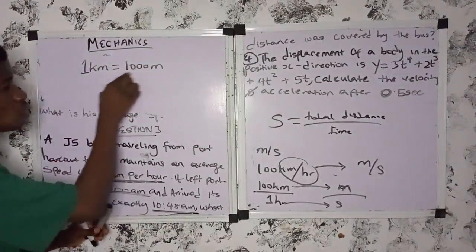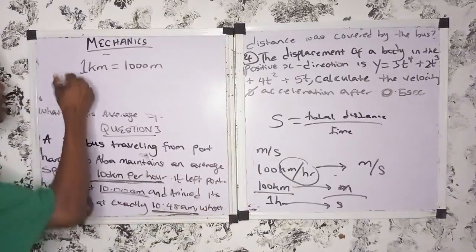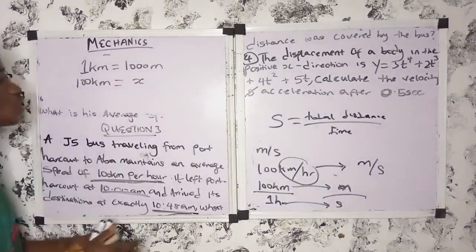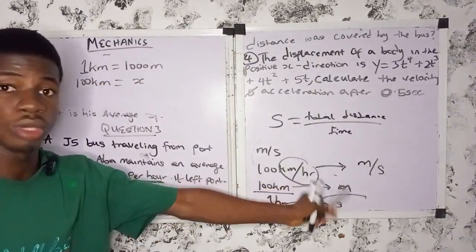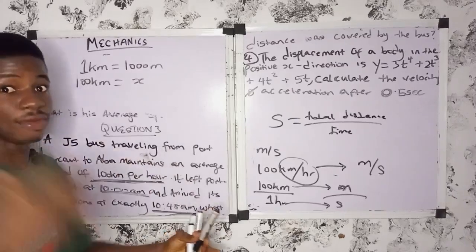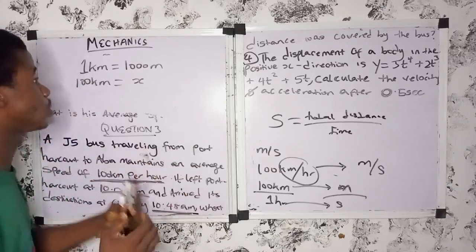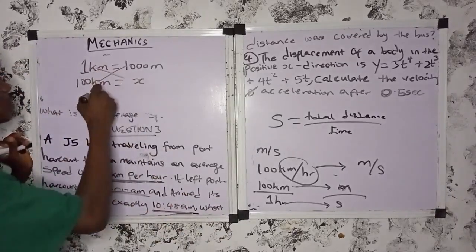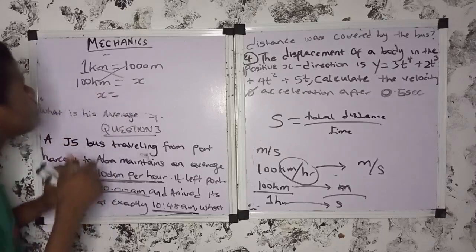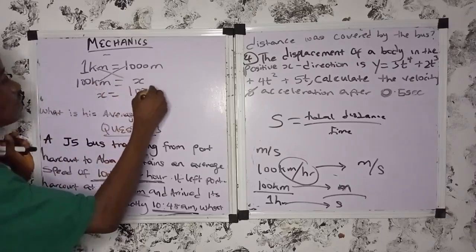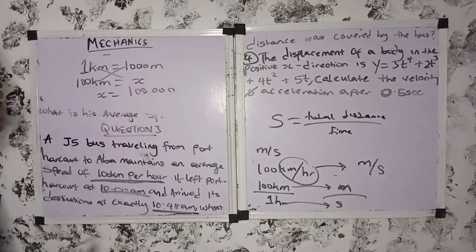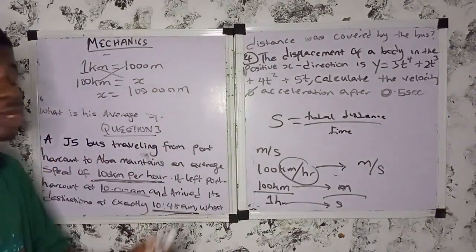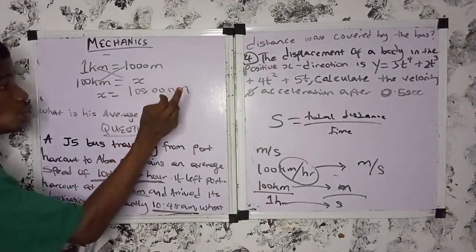So if 1 kilometer is equal to 1,000 meters, then 100 kilometer will equal to S meters, because we want to convert from kilometer to meter. I've taught this in our previous video under conversion factor, so that is very easy. We just cross multiply. 1 times S gives us S, then 1,000 times 100 gives us 100,000. This is our answer. We have successfully converted from kilometer to meter.